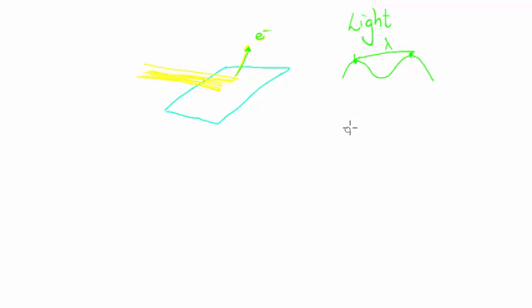A wave is also something that moves, so a wave also has a velocity, measured in meters per second. As time goes by, that top has moved.